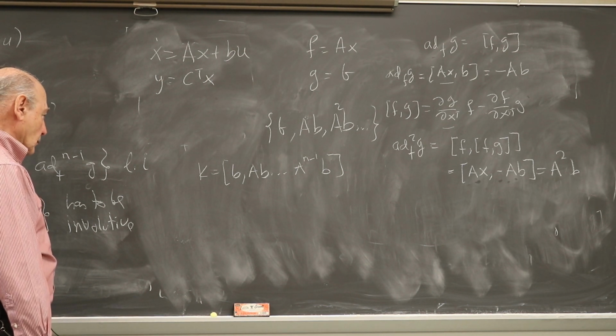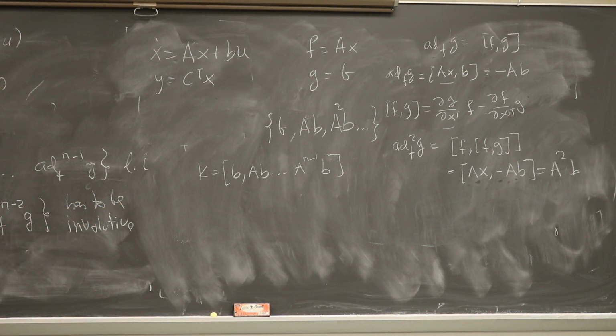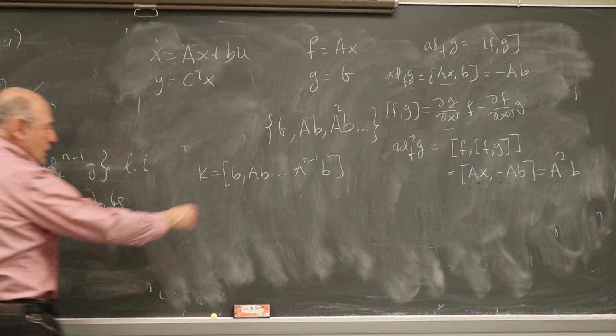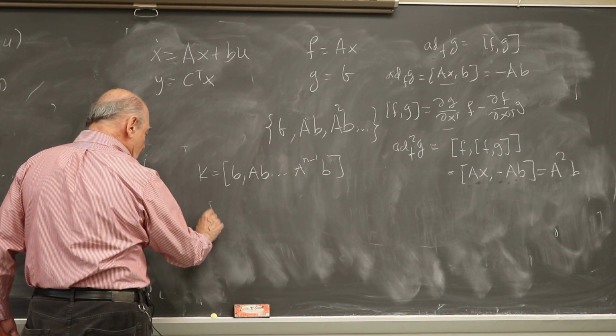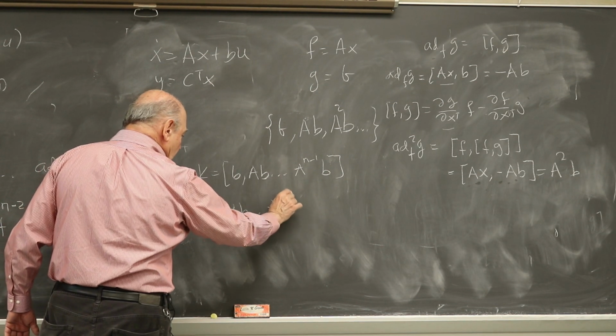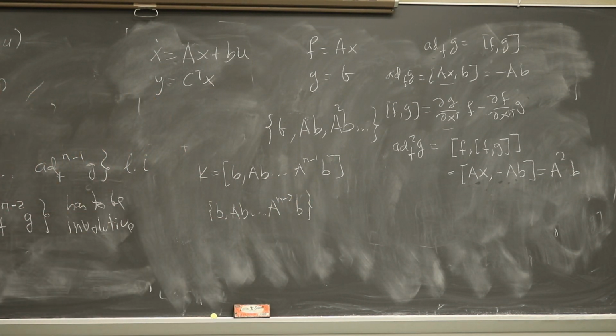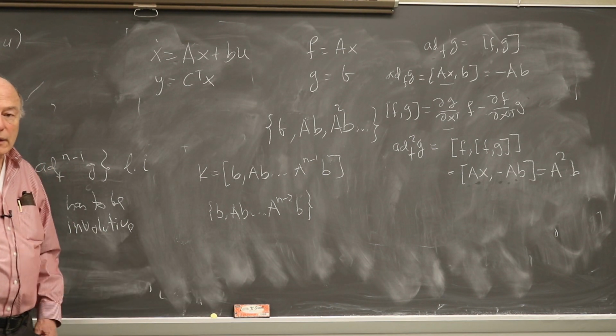Moreover, once you have that, what does it mean that this has to be involutive? Well, it means that a smaller set of this set of vectors, B, AB, all the way up to A^(n-2)B, has to be involutive. But involutivity with constant vector fields is trivial.